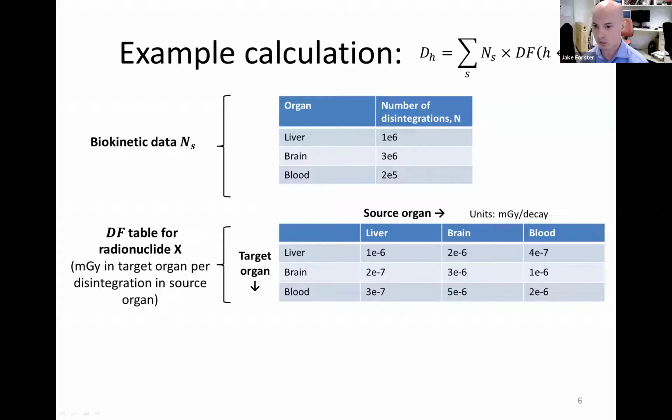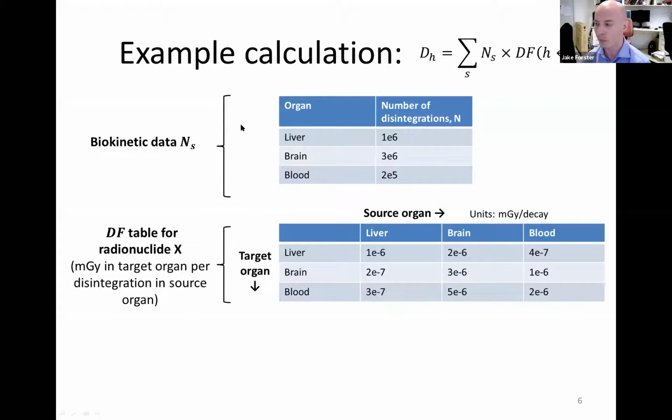And they've also given you the dose factor values. So these are those values that are absorbed dose in the target organ per disintegration in the source organ. The way you see these dose factor values presented is typically in a table like this one. Here we've got the target organs listed as rows, and then the source organs listed as columns.